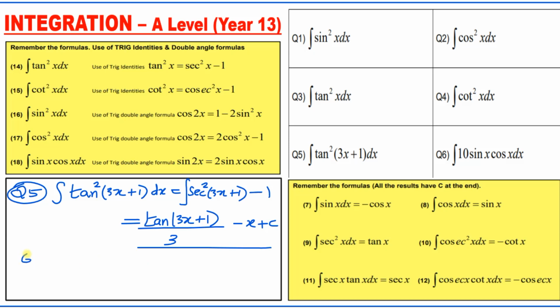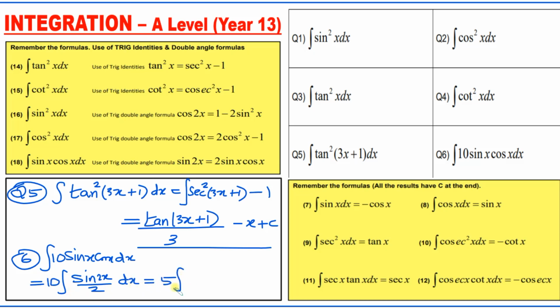And question number 6, integrating 10 sin x cos x dx. You can write the 10 outside. Integrating sin x cos x can be written as sine 2x over 2 dx. 10 divided by 2 is 5 outside, integrating sine 2x.